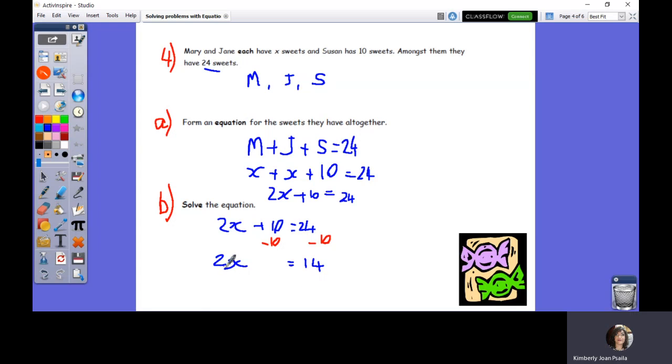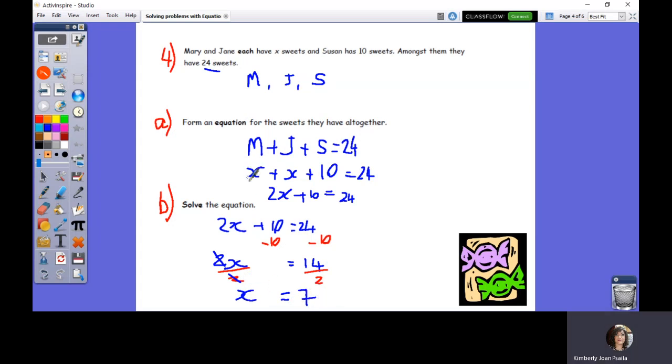Our next step is that we have to get rid of this 2. So divide by 2 on both sides. You are left with x. This 2 simplifies with this 2, they give us the value of 1. 14 divided by 2 gives us 7.